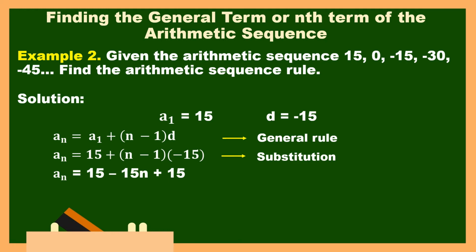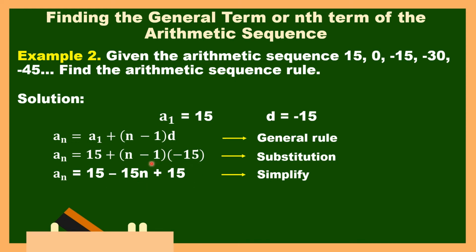So, ngayon, multiply natin si negative 15 doon sa n minus 1. Kaya magiging a sub n equals 15 minus 15n plus 15. Bakit siya naging negative 15n plus 15? Kasi nga, negative 15 times positive n is negative 15n.